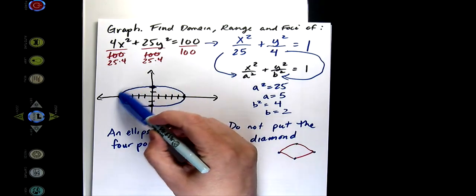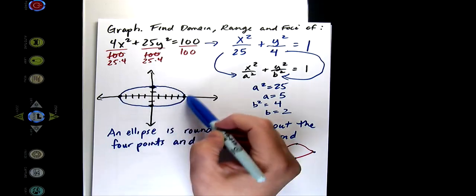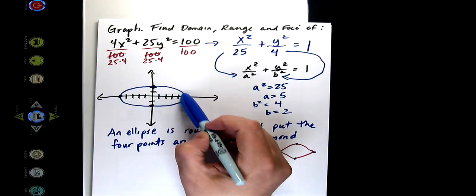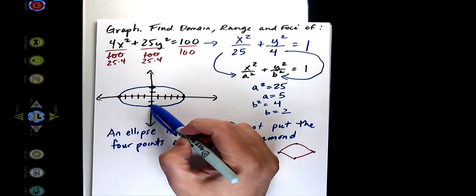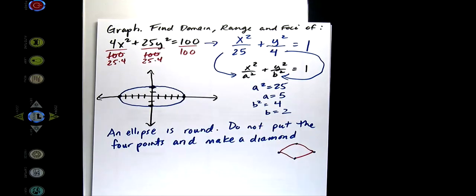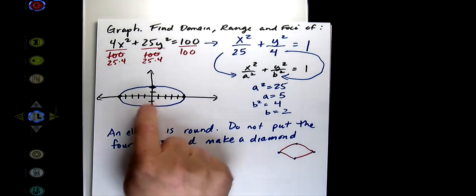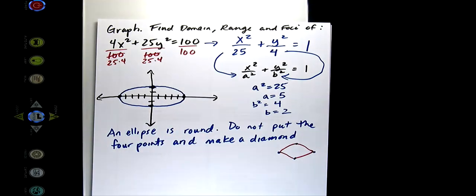I start with the major axis and curve towards the other points. Now, if they're close, like one's 4 and one's 3, where it's almost like a circle, it's not going to look as flat as this, where it's 5 and 2 and they're kind of far apart.